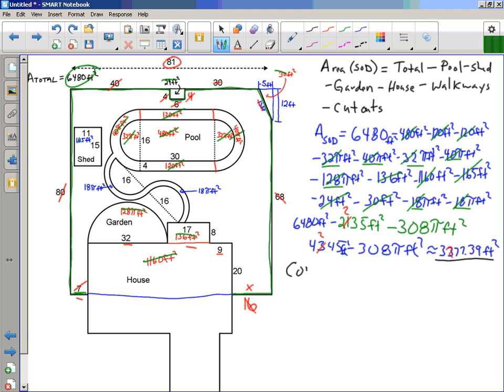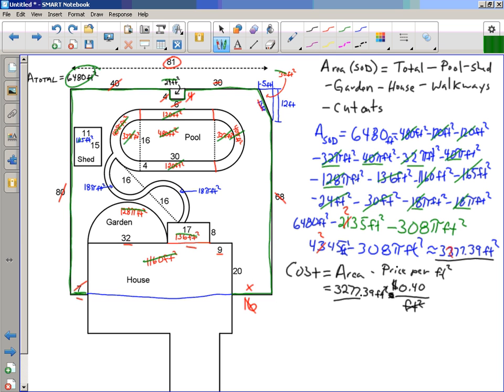So I'm going to say the cost equals the area times the price per square foot. So that's going to be 3277.39 square feet times $0.40 per square foot.